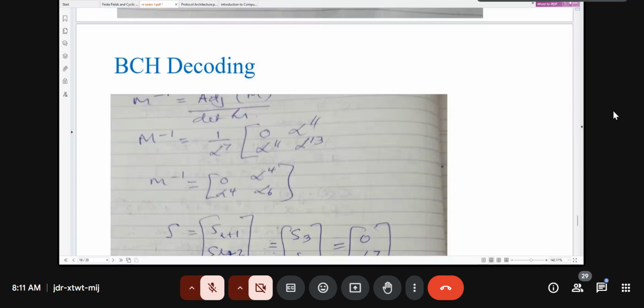these two. If you have A, B, C, D, and this is M, the adjoint of M is simply D, A, minus C, minus B. I think that's what it's supposed to be.